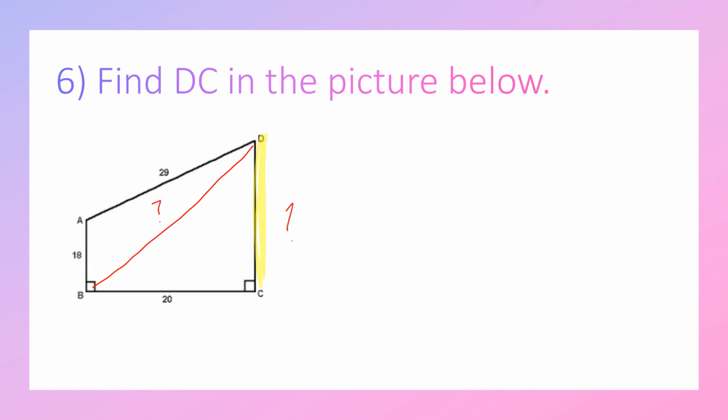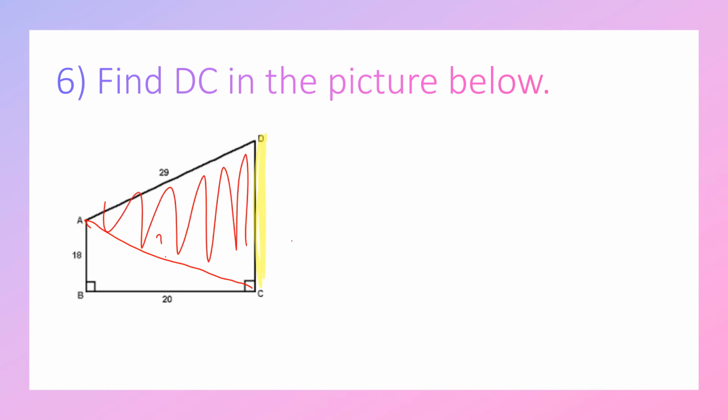Right now I don't have any values there, so that line's not going to help me. If I drew a line here, that could potentially help me because I could figure out what this is. But then looking at this triangle here, it's not a right triangle now, so I cannot find out what that other missing piece is by using the Pythagorean theorem.